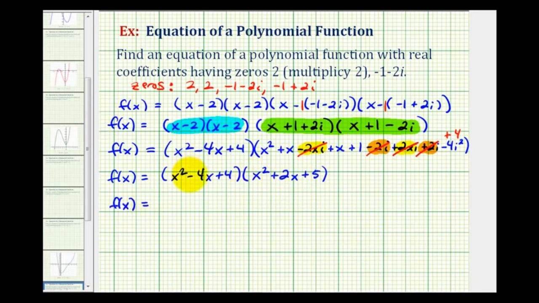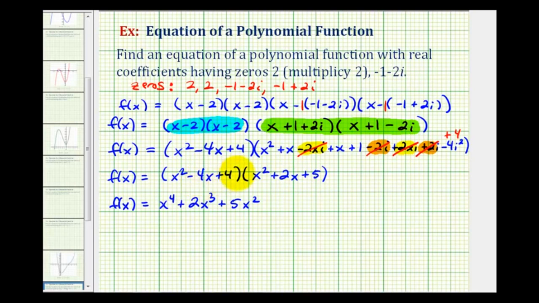So we'll start by distributing the x squared here into the second trinomial. x squared times x squared, x to the 4th. x squared times 2x, plus 2x cubed. And x squared times 5, plus 5x squared. Now we'll distribute the negative 4x into the second trinomial.